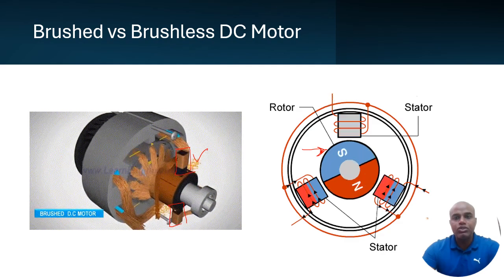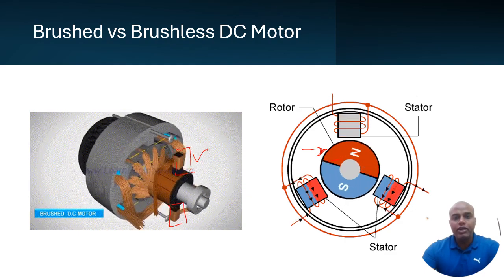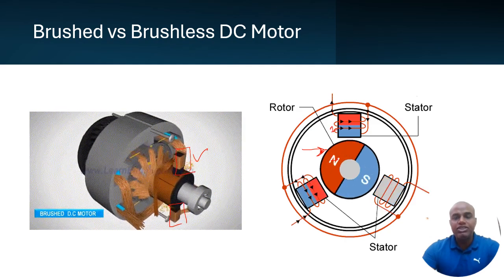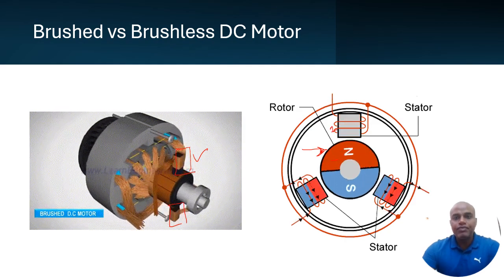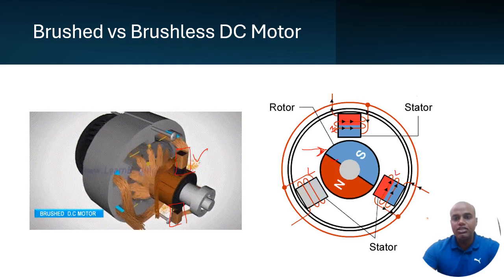showing the two poles N and S, and on the stator we have the windings which create the electromagnetic field, and this field changes poles. Let's say at this moment this pole is energized, so my rotor gets aligned with respect to the pole generated by this winding, and at the second instant this winding, and then this winding.